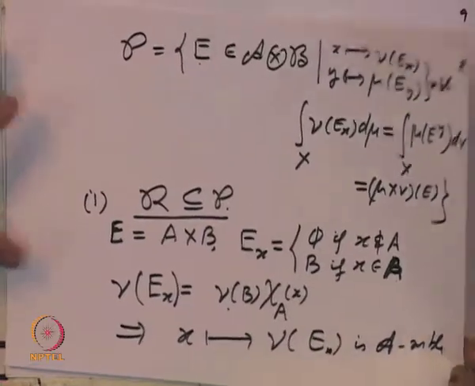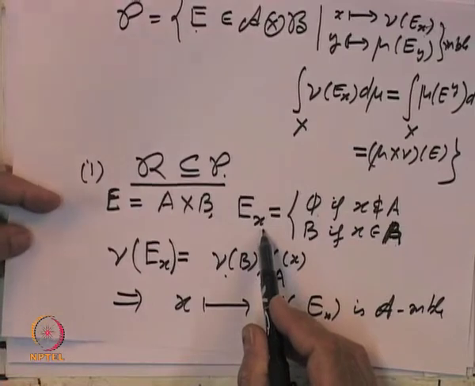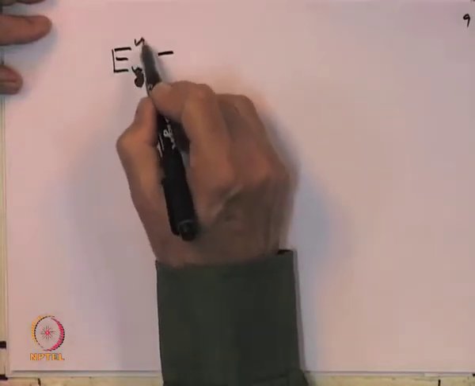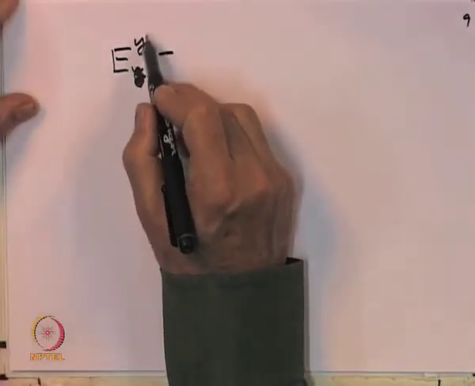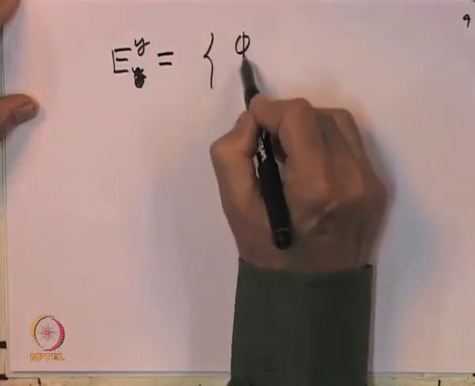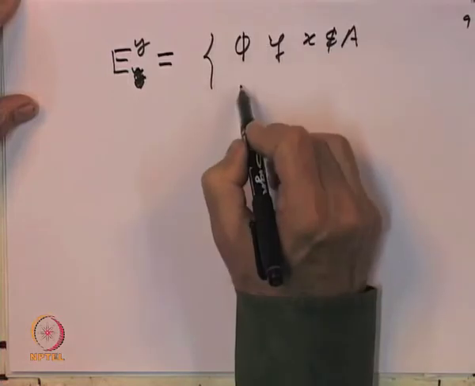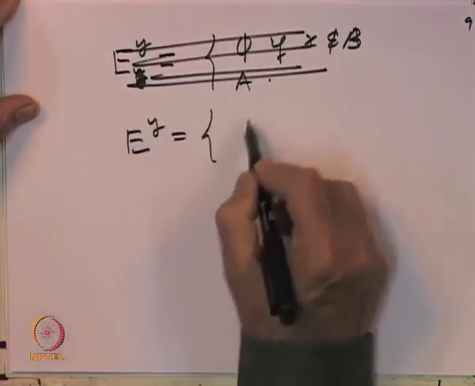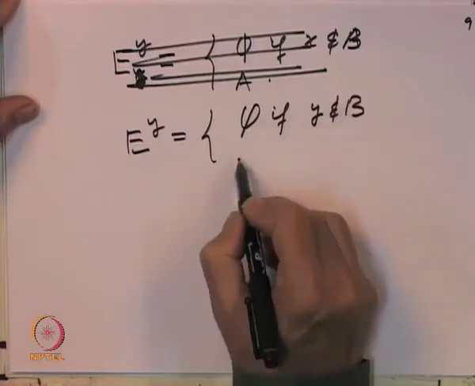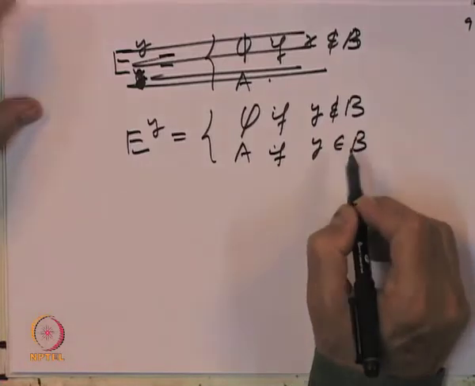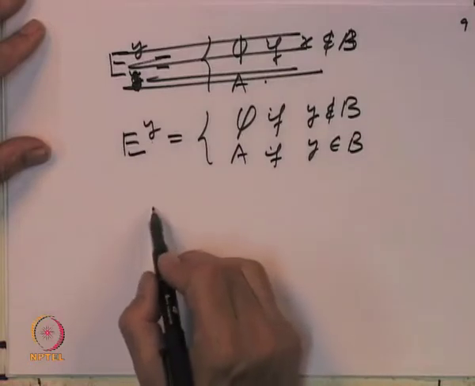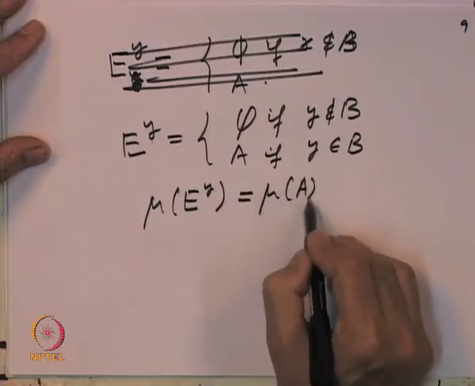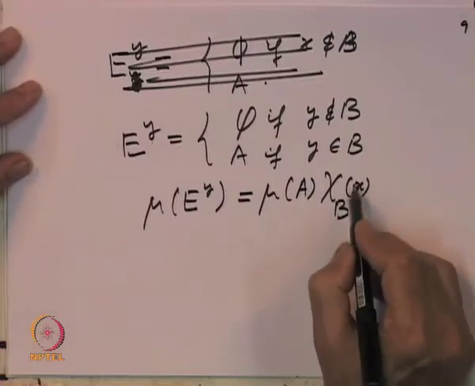Similarly, if we take the corresponding section with respect to y, let us write that also. Following the same notation, the section E superscript y is equal to the empty set if y does not belong to B, and it is A if y belongs to the set B, because y is a point in Y. So, mu of E y is going to be equal to mu of the set A times the indicator function of the set B at the point y.